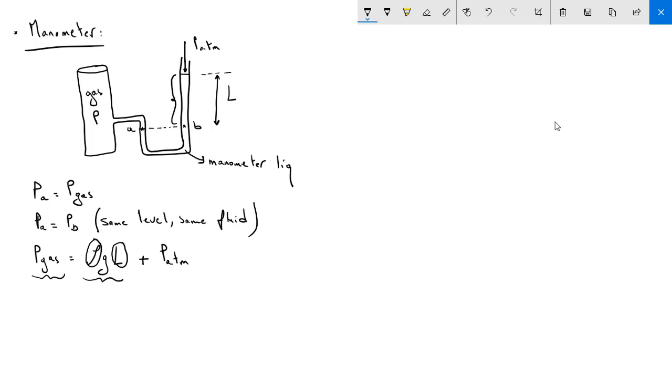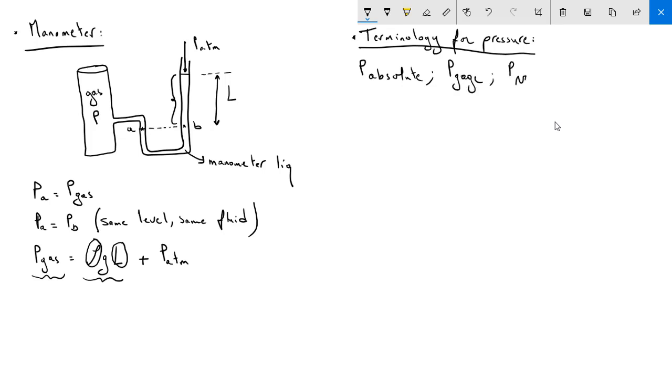In addition, it's important to know that we have different terminology for pressure. Sometimes we say the absolute pressure. We say gauge pressure, and the vacuum pressure.